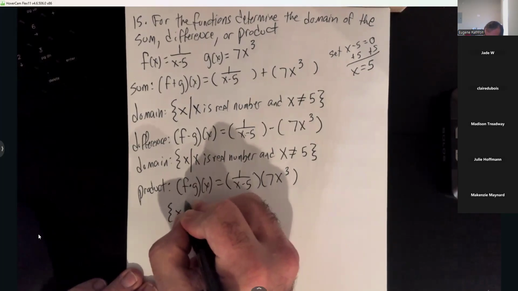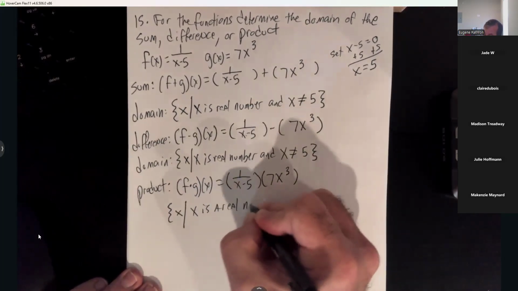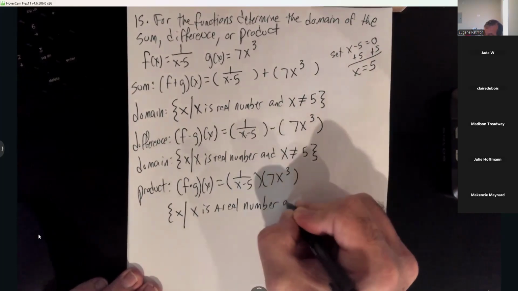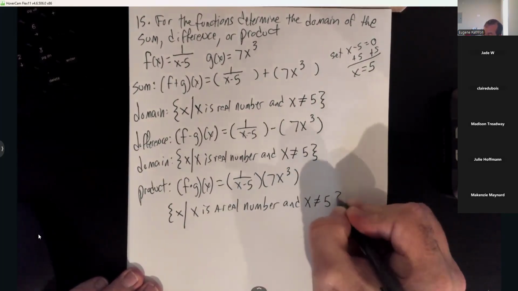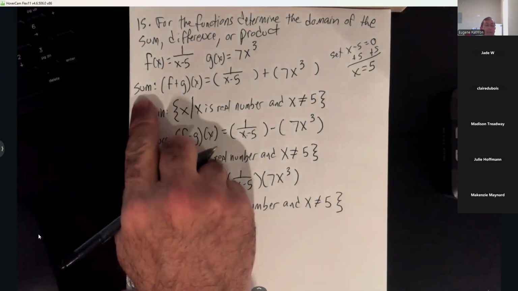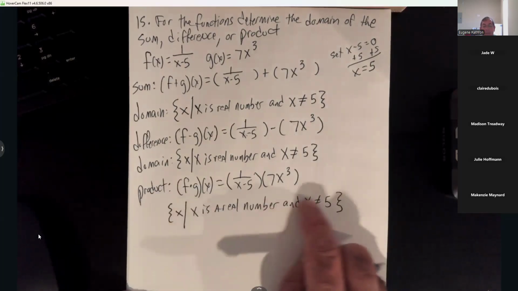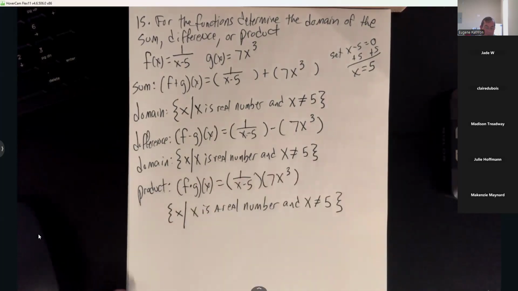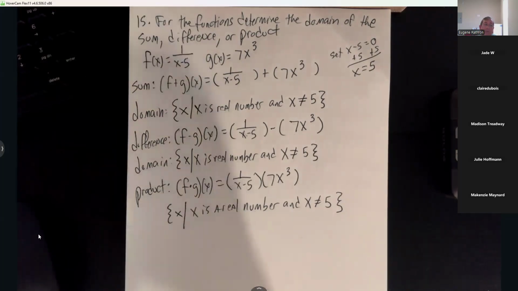So x such that x is a real number and x cannot equal a positive 5. So once again, the sum, difference, and product had the same domains on those, okay? So really, if you can find the domain of one of the three, it's going to be the same, okay?